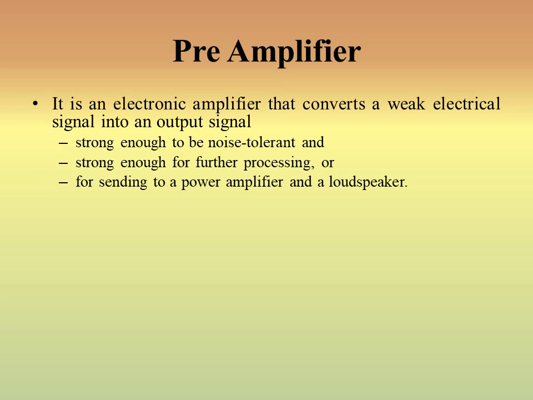But a preamplifier is made in such a way that it identifies the weak signal and makes that signal strong enough for further processing, and for sending to the power amplifier and loudspeaker. So these three are the major functions of a preamplifier.